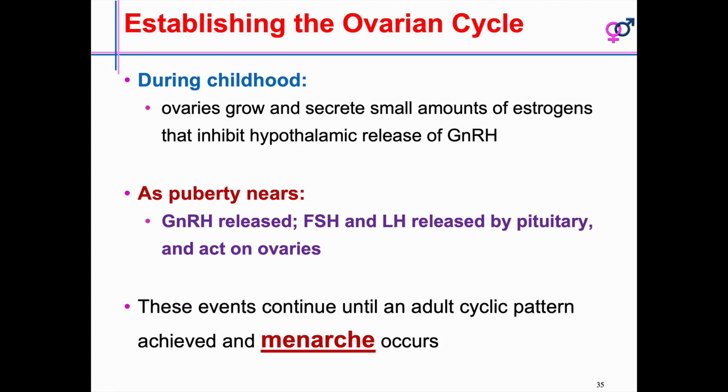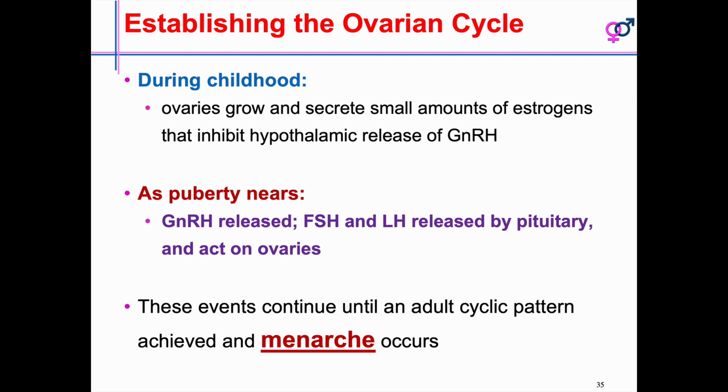During childhood, the ovaries grow and secrete a small amount of estrogen that inhibits hypothalamic release of GnRH, that is gonadotropin releasing hormone.